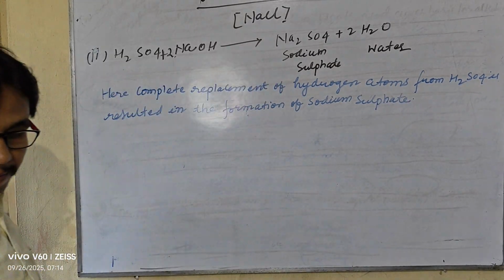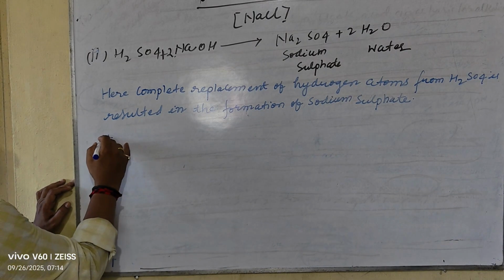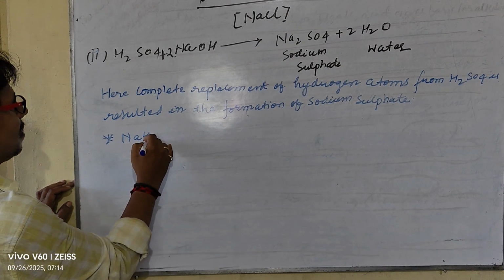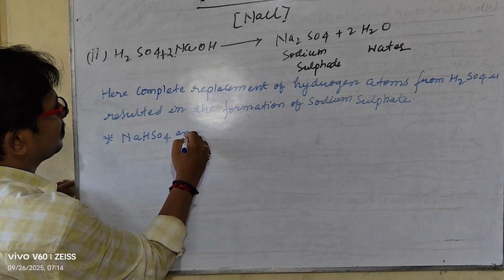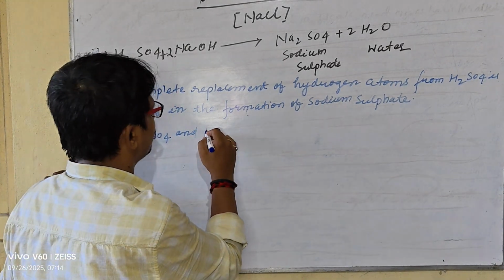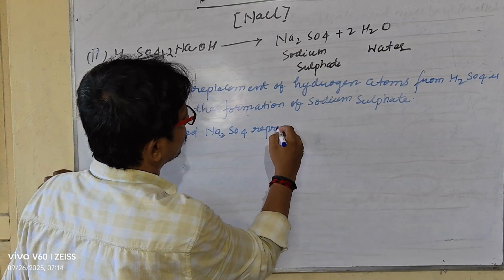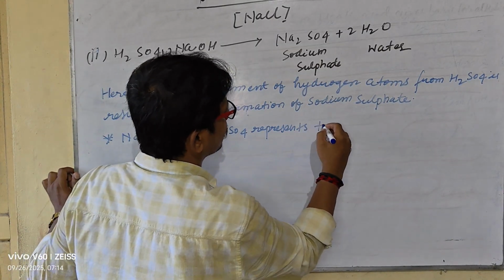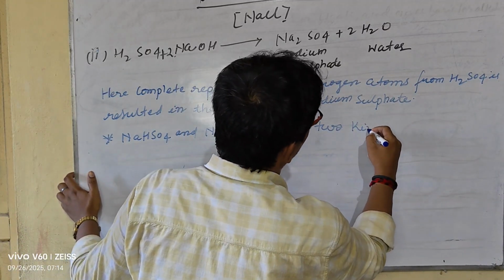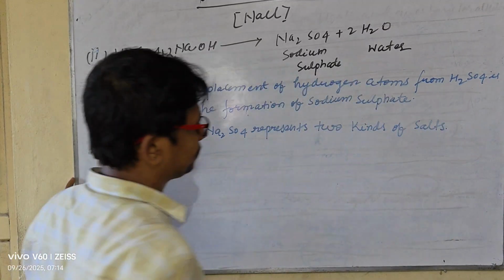So NaHSO4 and Na2SO4 represent two kinds of salt.